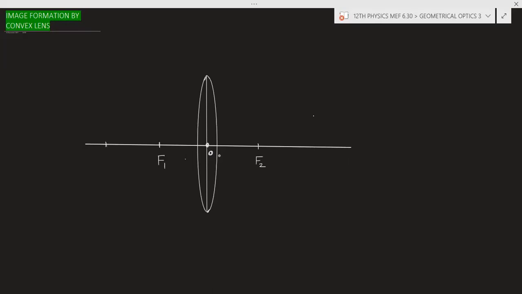Now here is 2F1. What is the meaning of 2F1? The distance between F1 and 2F1 is the same as the distance between the optical center and F1. And here you can write 2F2. 2F2 means this distance and this distance are equal.